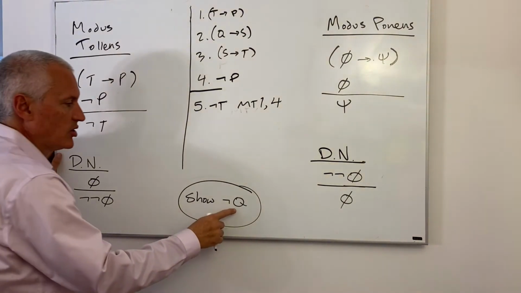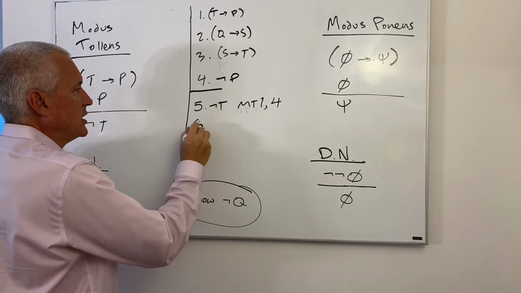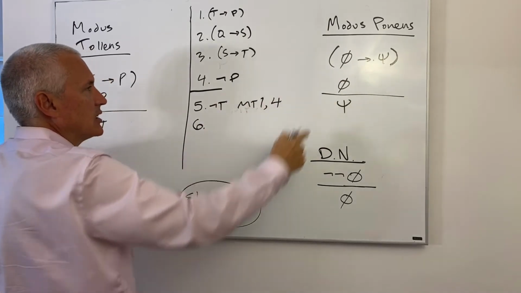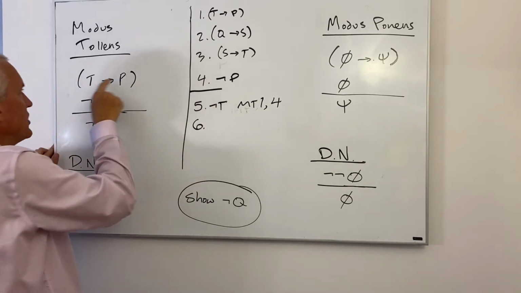But I want to show not Q. I mean, is not T helpful to me? I don't know, right? I look around. Do I have not T arrow something and I can do modus ponens? No, I don't. Do I have something arrow not T?